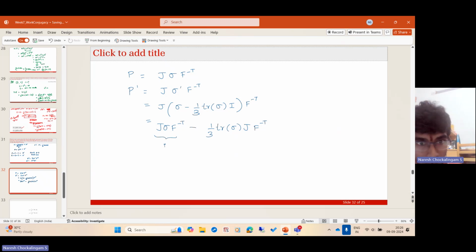So this is nothing but P. Therefore, P is equal to 1/3 trace of sigma J F inverse transpose plus P dash. We already call this as p. Therefore, P is equal to p J F inverse transpose plus P dash.